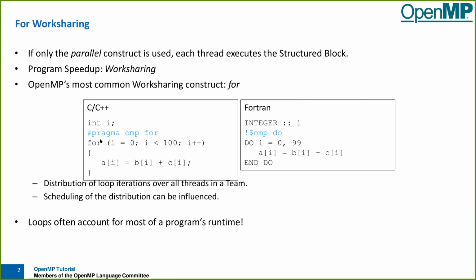So the idea is that the loop iterations are being distributed among the team of threads, so that each thread works on a certain partition of the loop iterations. So in total, we achieve a speed up because multiple threads execute the loop simultaneously. And the scheduling of the distribution can be influenced, and I have a few explanations on the following slide.